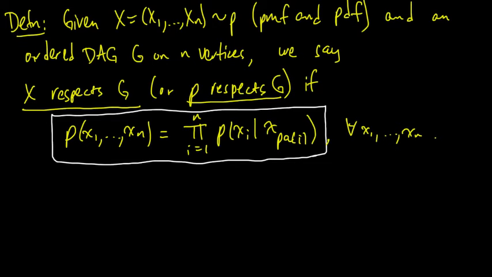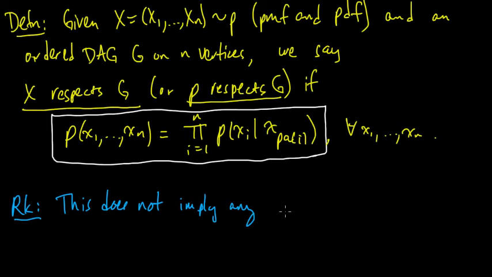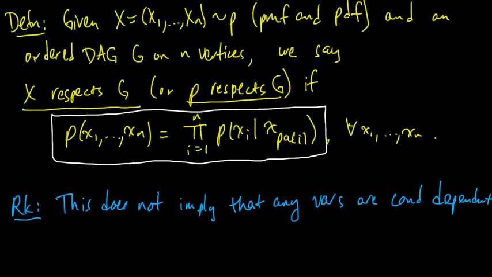And now let me make a very important remark, something which was confusing to me when I was first learning this stuff. This does not imply that any particular random variables are conditionally dependent, or dependent in general.